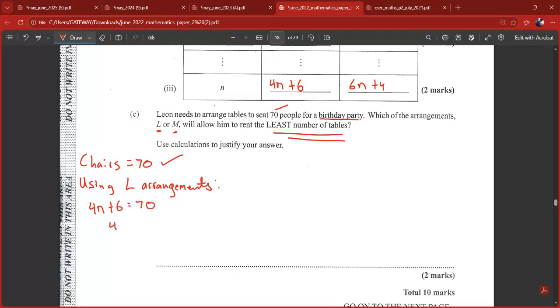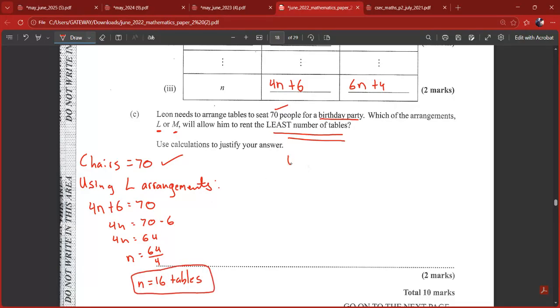So 4n will be equal to 70 subtract 6. So 4n will be equal to 64. So n will be equal to 64 divided by 4. N will be equal to 16. And this will be tables. So it's 16 tables.